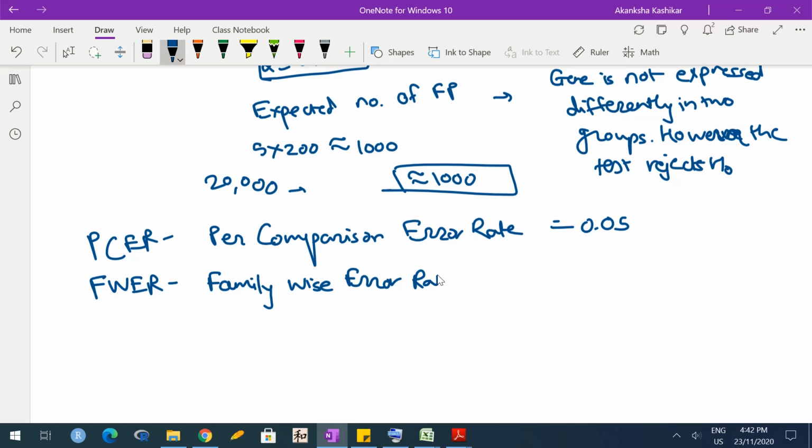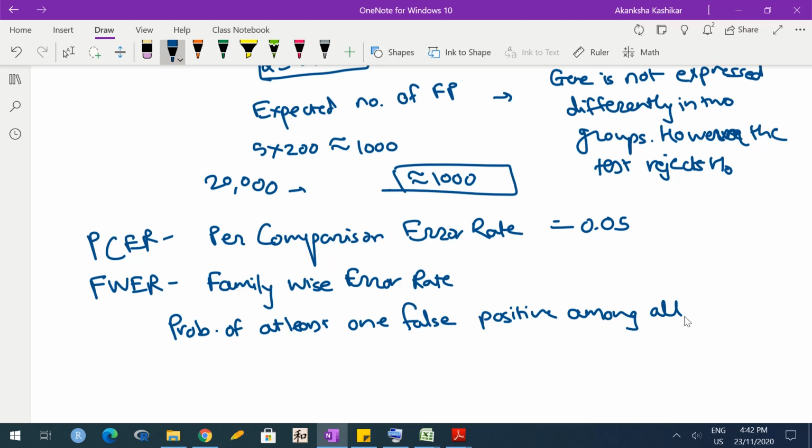So what do I mean by family-wise error rate? It is the probability of at least one false positive among all the tests that are carried out simultaneously, or that are related in some sense.